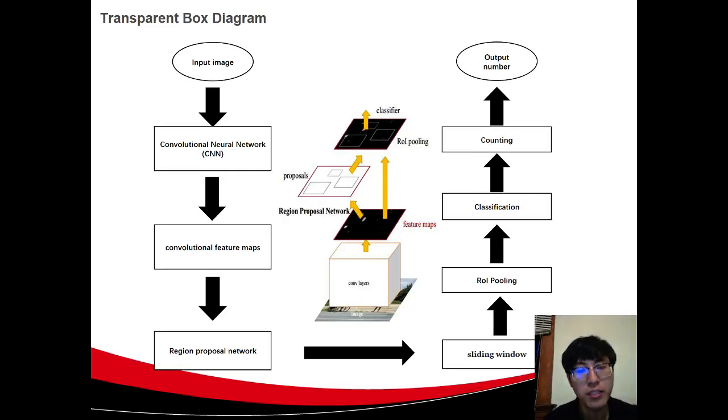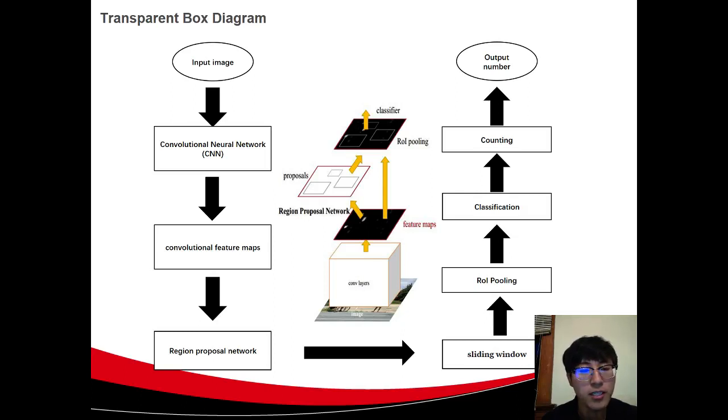First step, you need to input an image, and then you need to set a filter to do convolution of the images. We use the region proposal network to process the convolution feature maps to get the regions of interest.